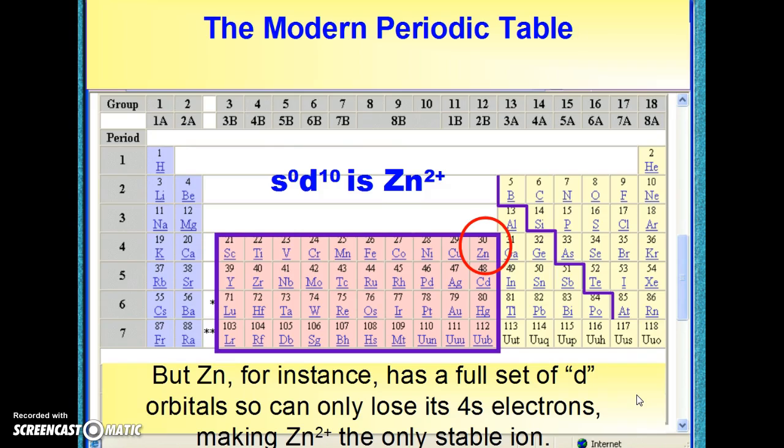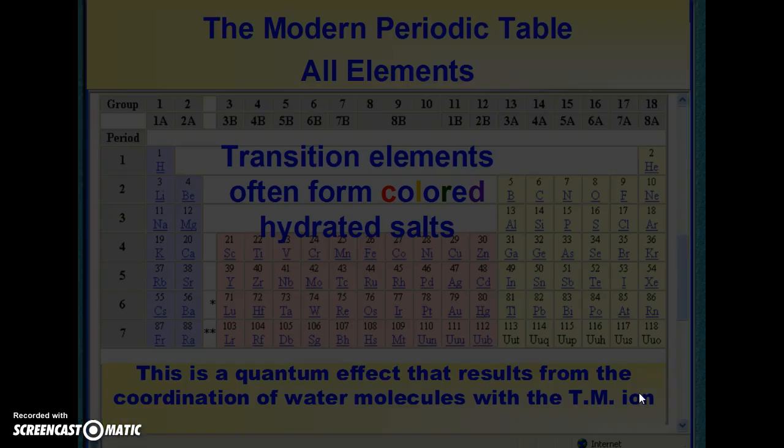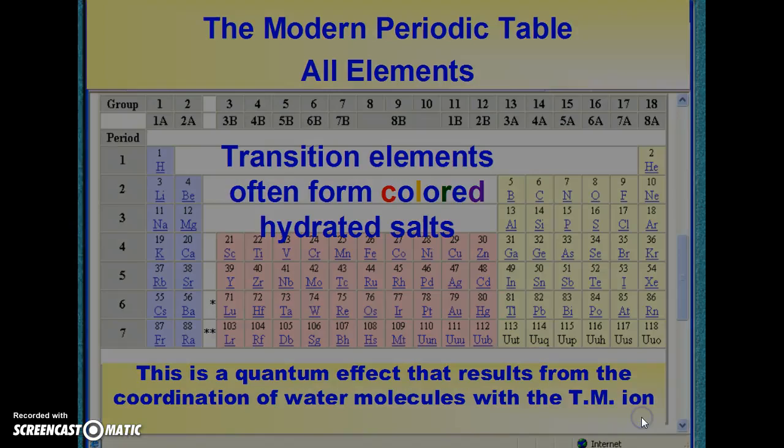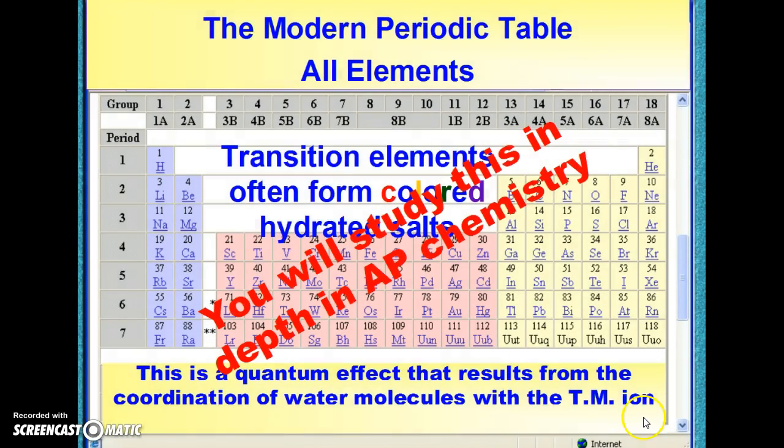Zinc 2+ is the only low energy stable ion of zinc. Transition elements often form colored salts in water, and this is a quantum effect of coordination chemistry. You'll study this in little depth in AP chemistry.